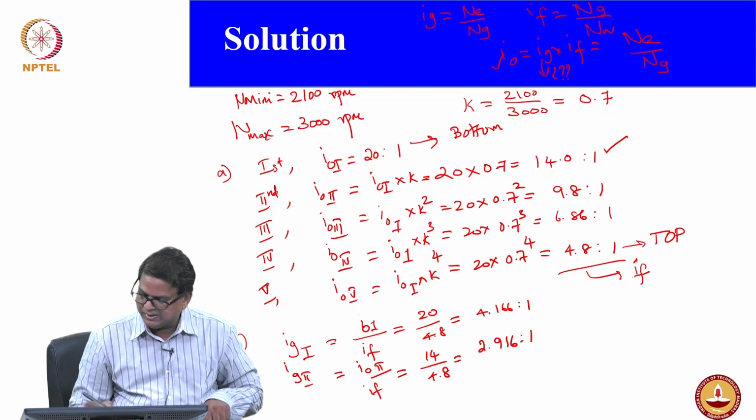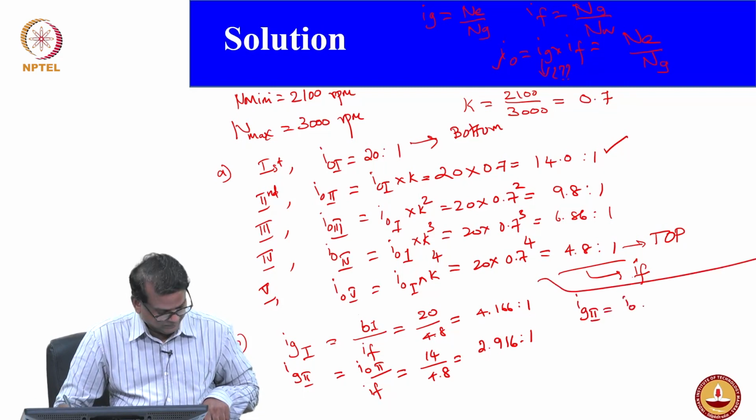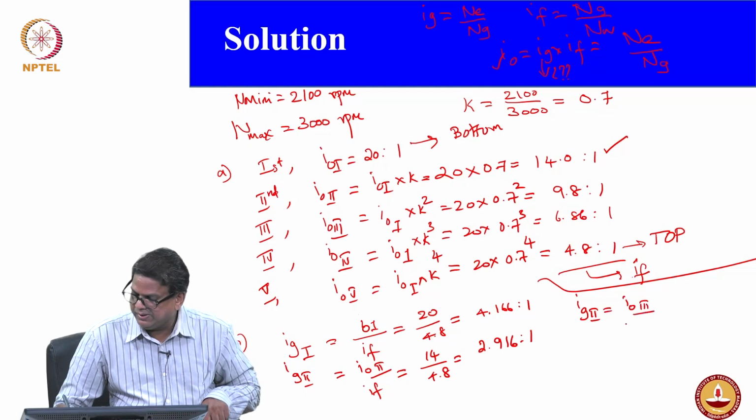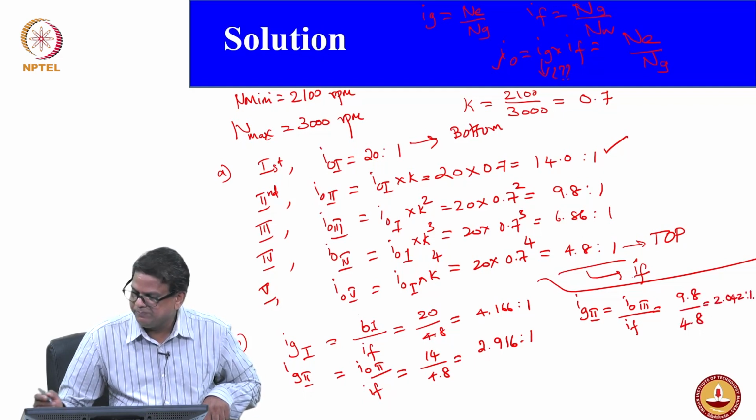How about Ig3? Ig3 is IO3 by If, so 9.8 by 4.8 should give me 2.042 is to 1.